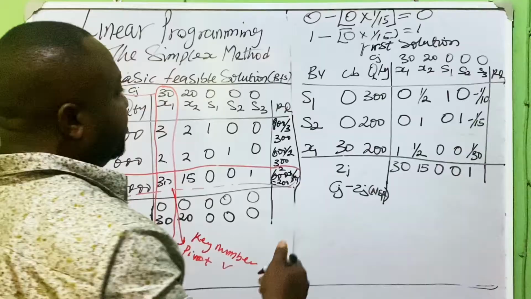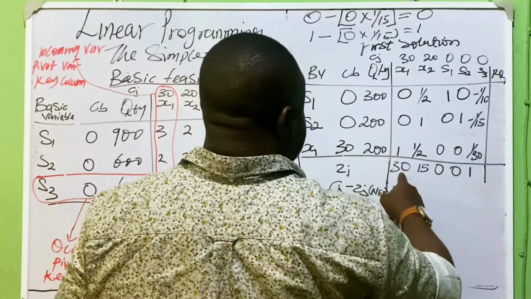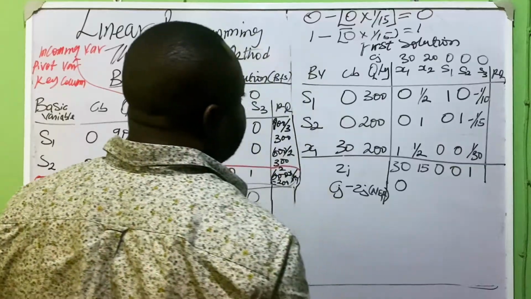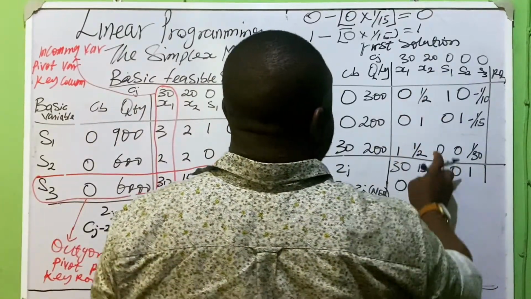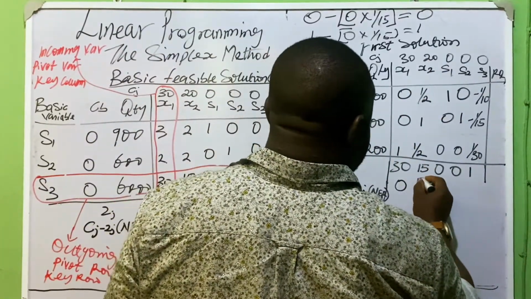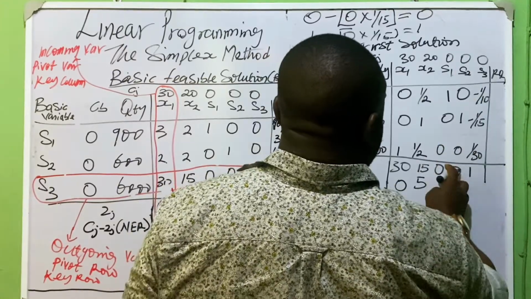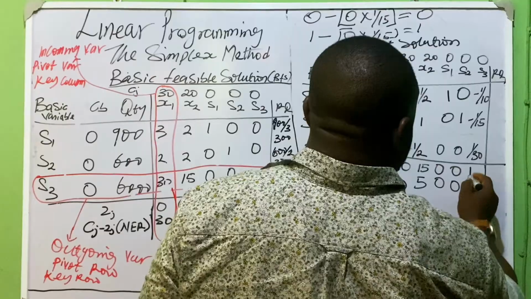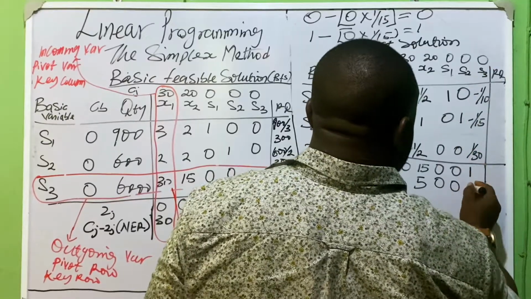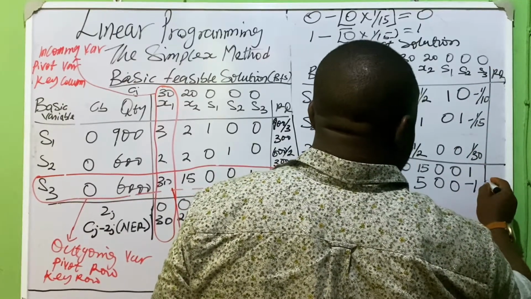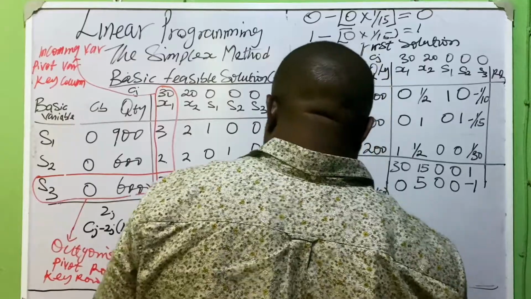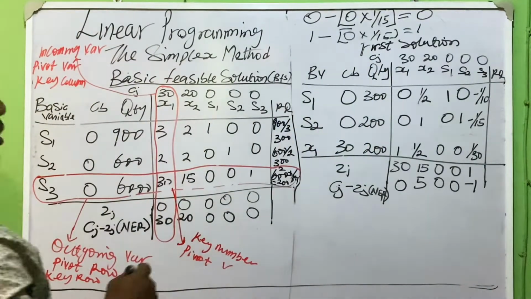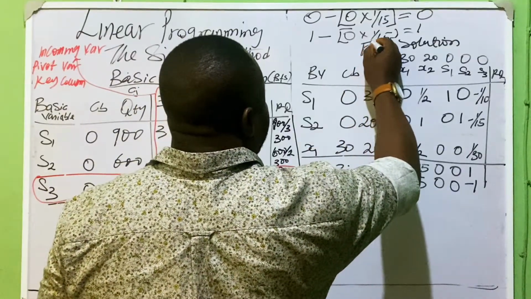So 30 minus 30 will give me 0. 20 minus 15 will give me 5. 0 minus 0, 0, 0, 0 minus 1 will give me minus 1. So this is our net evaluation row for the first solution.